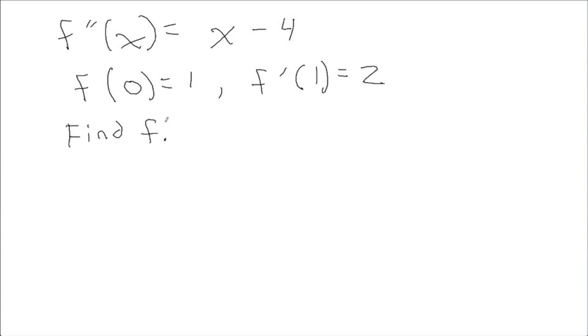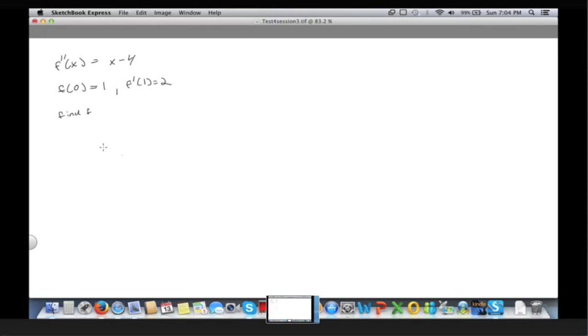Okay, let's try this problem. So f prime of x will be 1 half x squared minus 4x plus c.